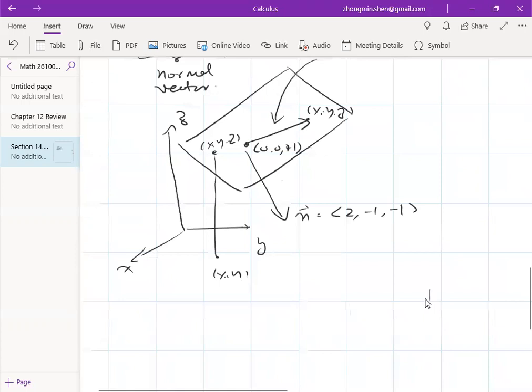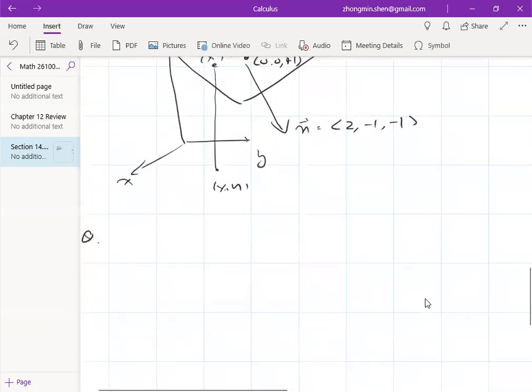Let's look at another one. Let's look at a quadratic function. f of x y equals x squared over 2 squared plus y squared over 1 squared.